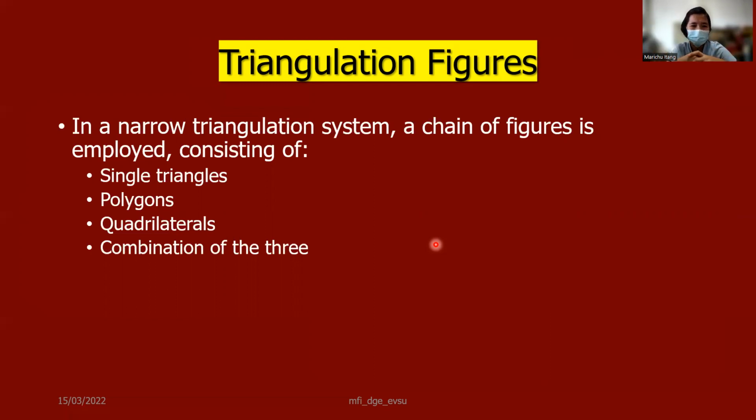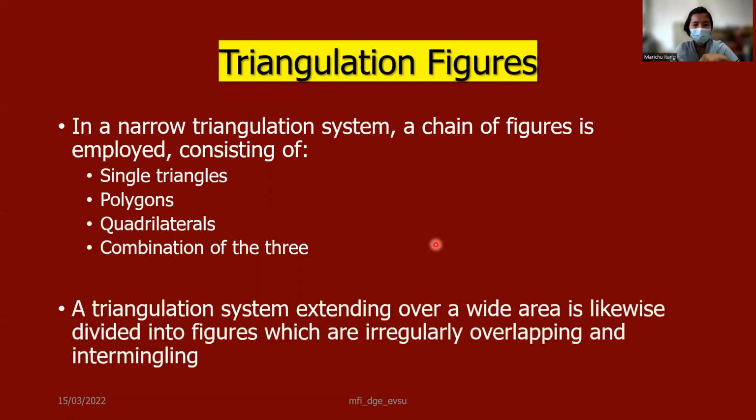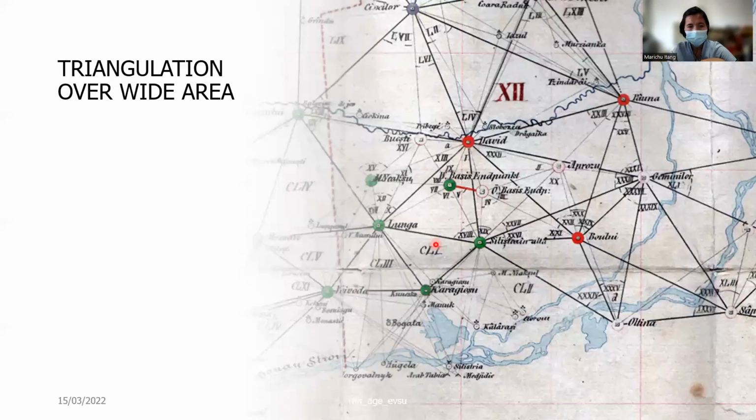Similar yung exercise nyo. We have quadrilaterals and it could be a combination of the three. So a triangulation system extending over a wide area is likewise divided into figures which are irregularly overlapping and intermingling. So dapat nag-overlap yung ating mga network.